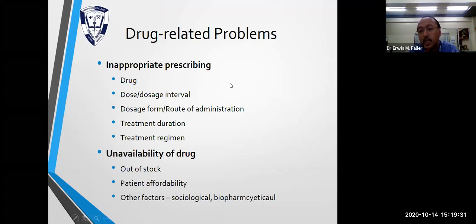Even the availability of the drug, the affordability for the patient, or even if it is out of stock, because that's the responsibility of the pharmacist to dispense a certain medication. And other factors such as the behavior of the patient, the perspective, knowledge, and attitude of your patient, and even the biopharmaceutical.